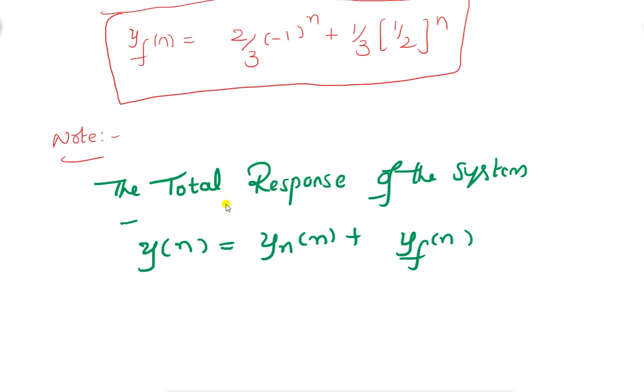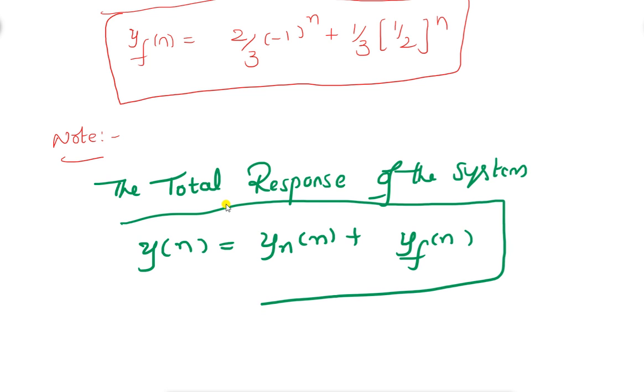That means you need to determine the individual y natural response and y forced response. After getting the individual results, finally combine them together, and that is our total response of the system. Thank you.